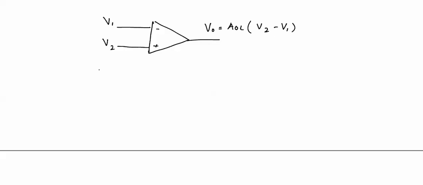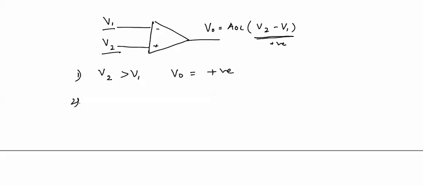So if we have V2 greater than V1, then from this equation we can say that this difference will be positive. If this difference is positive, then output V0 will be positive. So an operational amplifier will generate a positive voltage at the output if the voltage at non-inverting input is greater than voltage at inverting input V1.